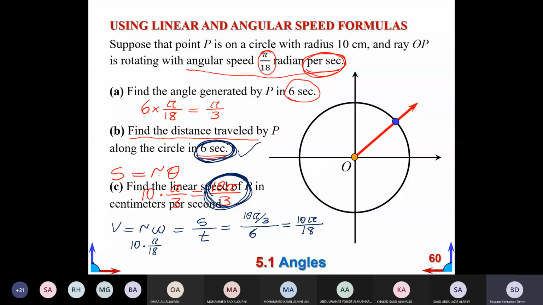So you are dividing the distance by the time. It goes 10 pi over 3 centimeters in 6 seconds, so you need to divide distance by time. All right? When you go 300 kilometers in 3 hours, what is your speed?